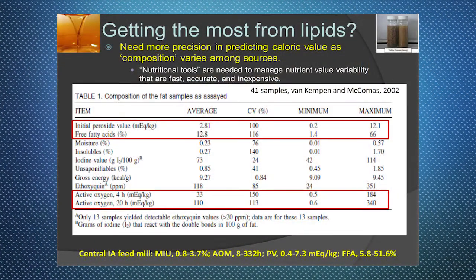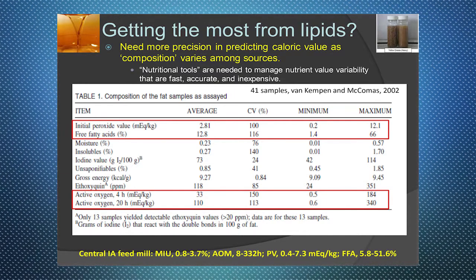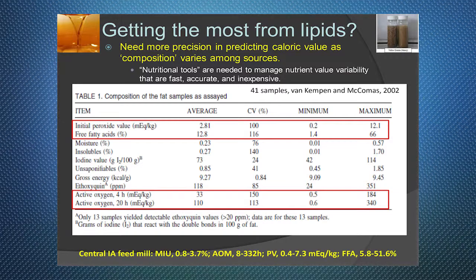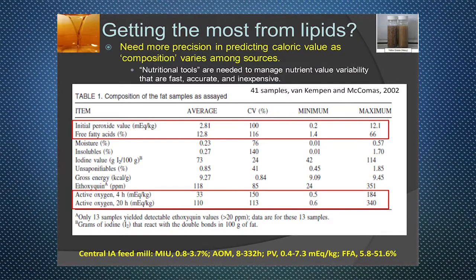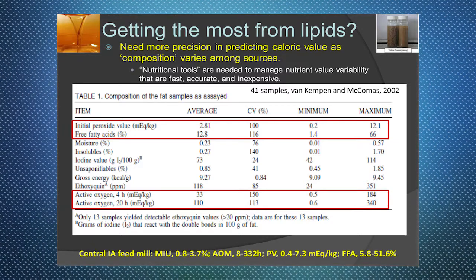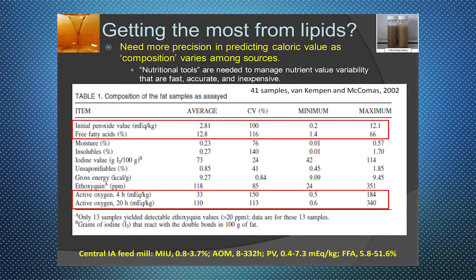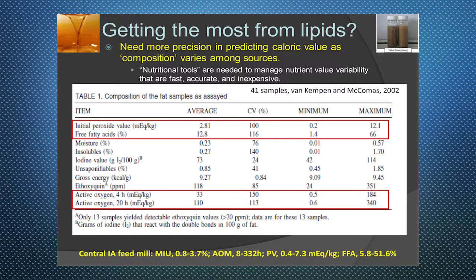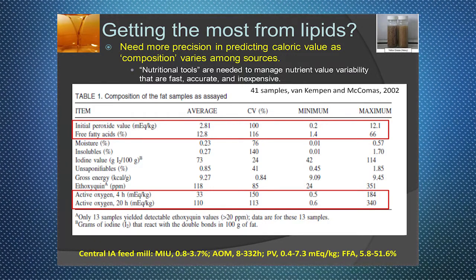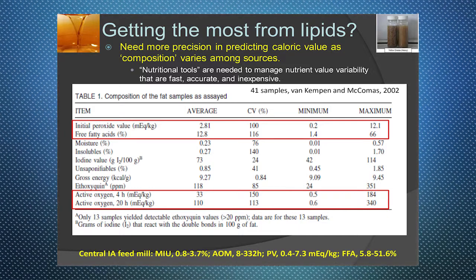The only survey data I could find was from Theo van Kampen back in 2002. In that case, they got some PV data, free fatty acids, and then some AOM numbers here.